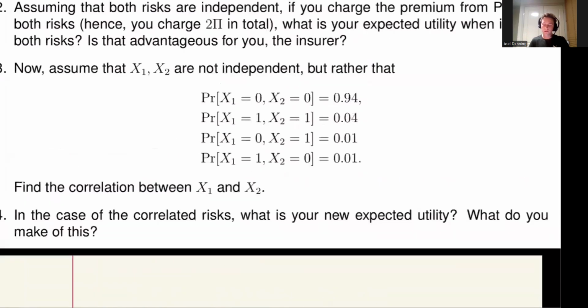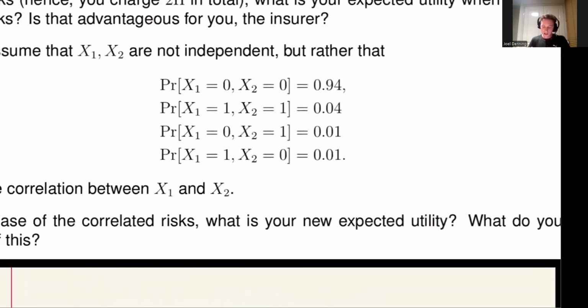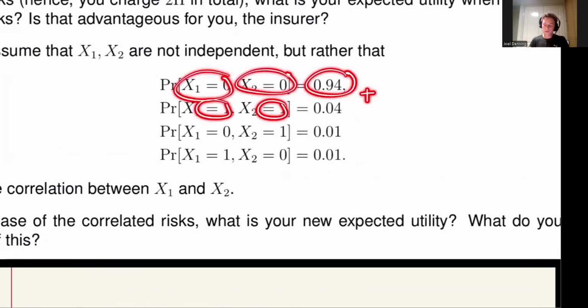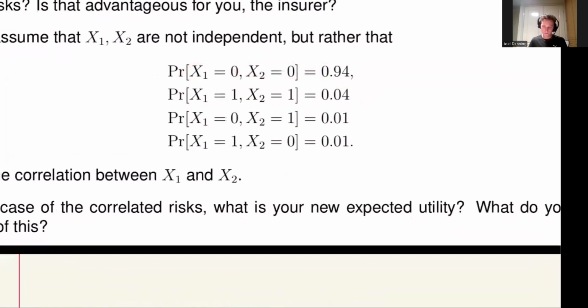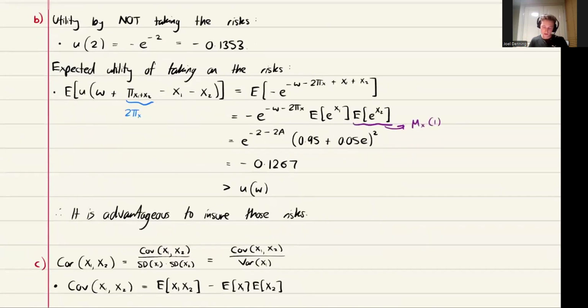So referring to our table of values here, it'll be 0 times the probability that that occurs, plus 1 times the probability that occurs, and so on, right, for those four combinations.